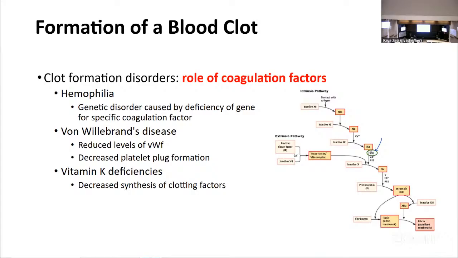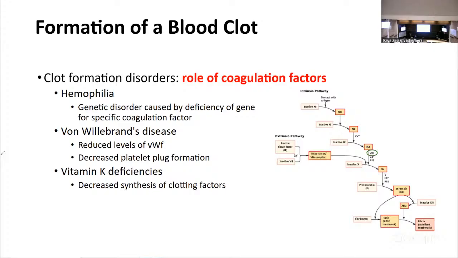You can see that factor 8 is part of this end of our intrinsic pathway. So when we had that intrinsic signal from a blood vessel ultimately telling us to activate factor 10 and ultimately make a clot, it's interacting with this factor 8. Hemophiliacs don't have a functional factor 8. This is part of why they don't form effective blood clots. It's not exactly the only thing that's going on there, but that's one of the major things.